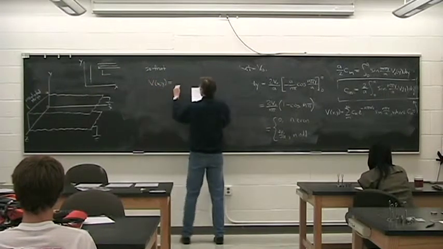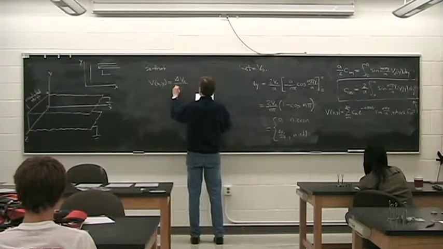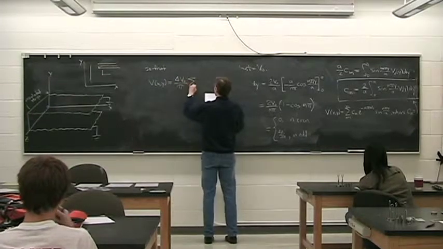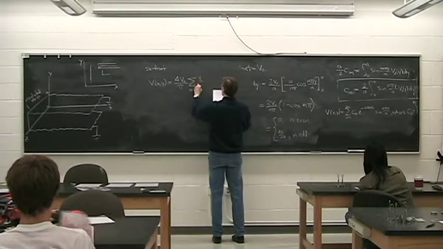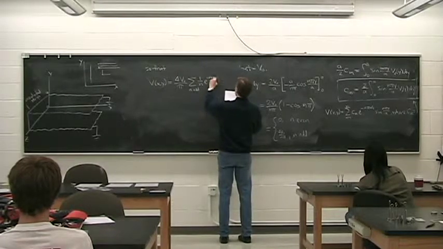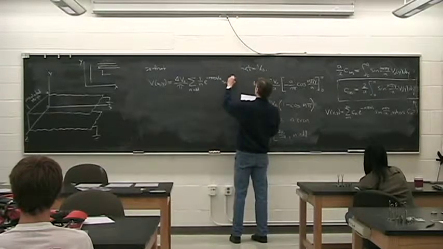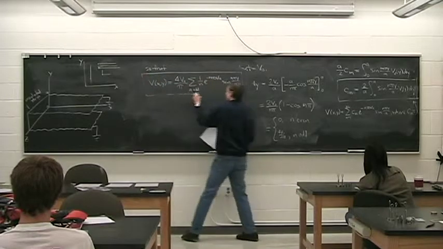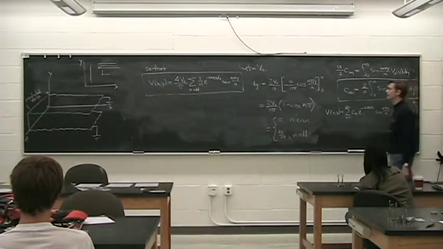So here you'd write v of x and y is 4 v naught over pi times the sum over n odd of 1 over n times e to the minus n pi x over a times sine n pi y over a. So that's the solution in that particular case of the infinite strip being held at a fixed potential v naught.